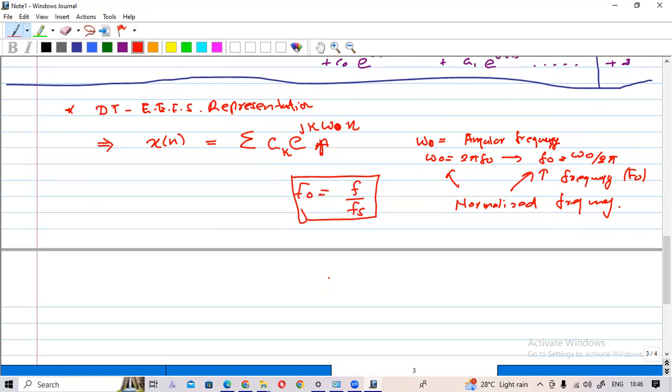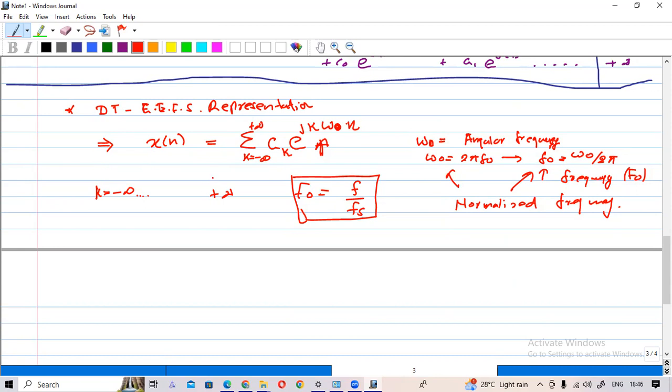Now, let's assume that this k is from minus infinity to plus infinity. In continuous time, this k is from minus infinity to plus infinity, and for discrete time also we assume it is minus infinity to plus infinity.